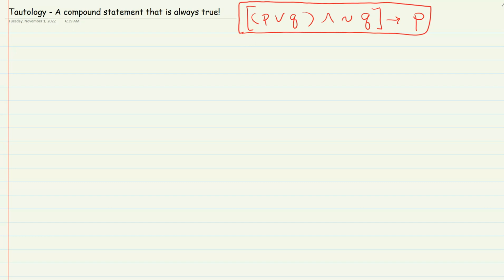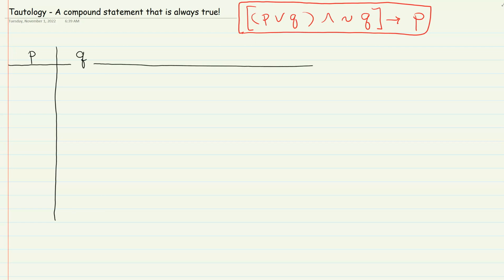Okay, so in building a truth table, we first need to look and see how many simple statements there are. In this case, there are only two simple statements. That is P and Q. Now, when you have only two simple statements, you have four possibilities in terms of truth values, because each one of them has two choices, either true or false, right?